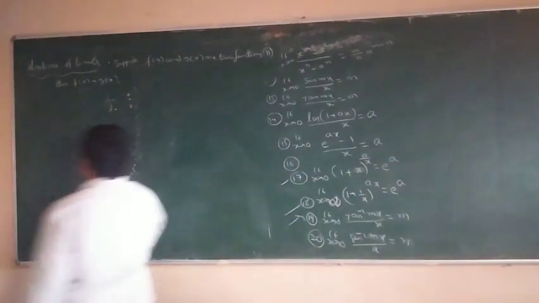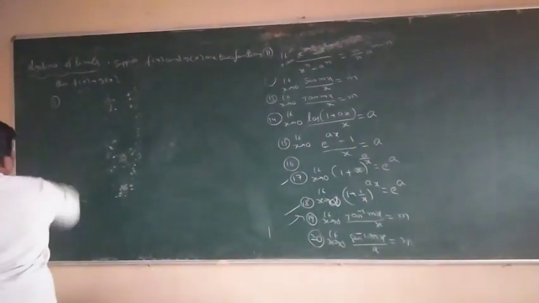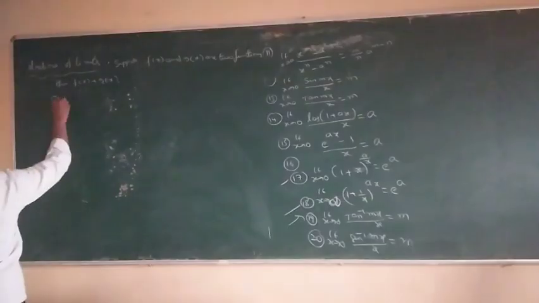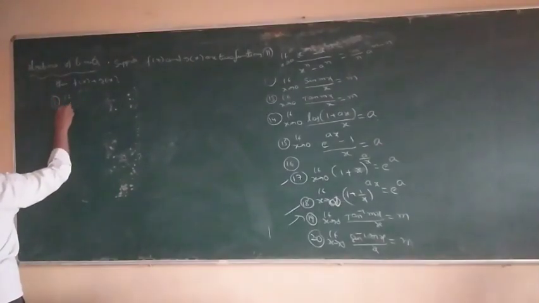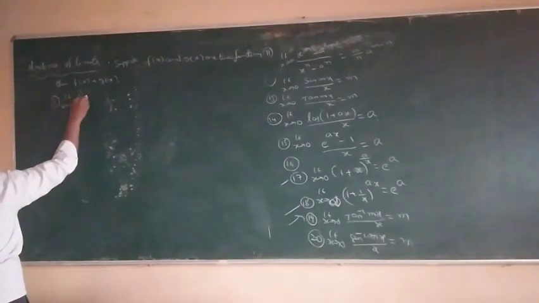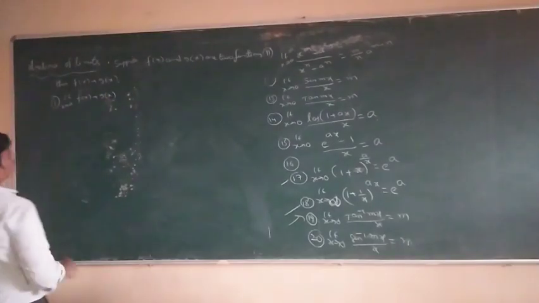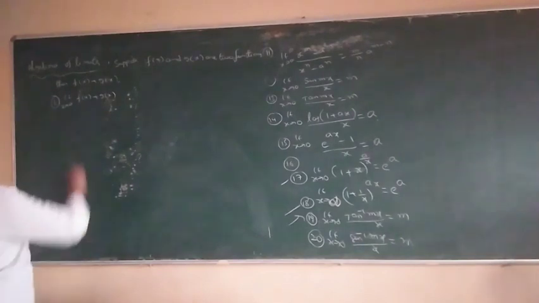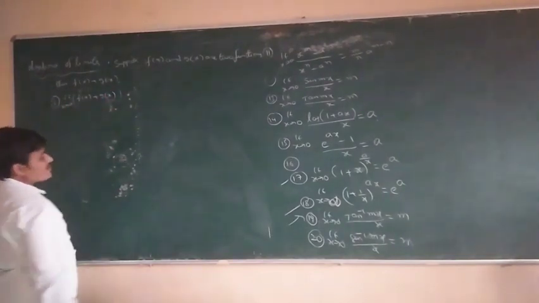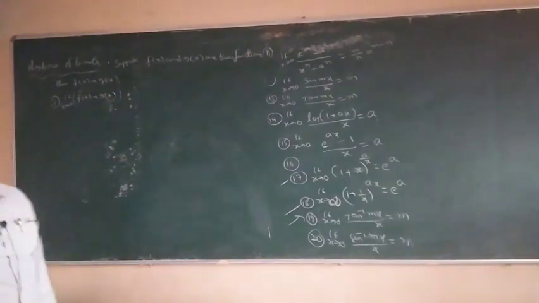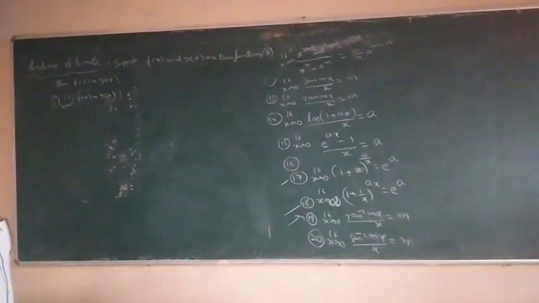Okay, first point, limit x tends to a of f of x plus g of x. Limit of sum of two functions. What is the meaning?